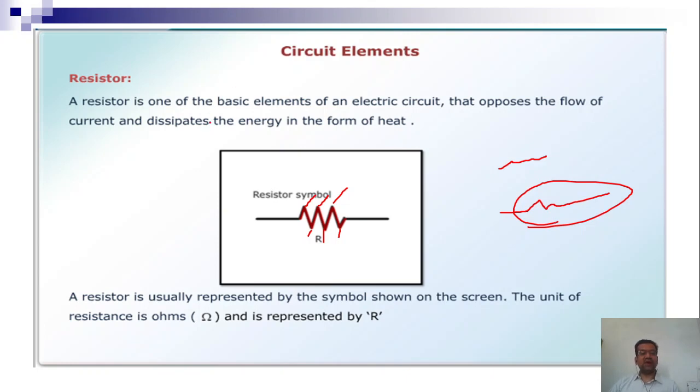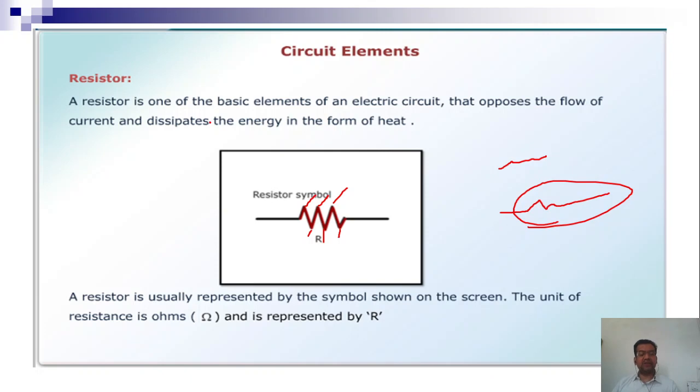Resistance is one of the basic circuit elements, which opposes the flow of current and dissipates energy in the form of heat. When you connect a supply to a resistance, it gets heated up. You can observe that in the laboratories also: when you take a resistor out of the circuit board, you sense heat on the resistance element.